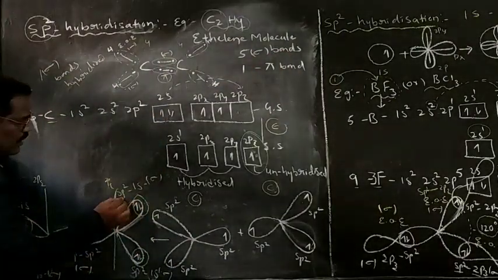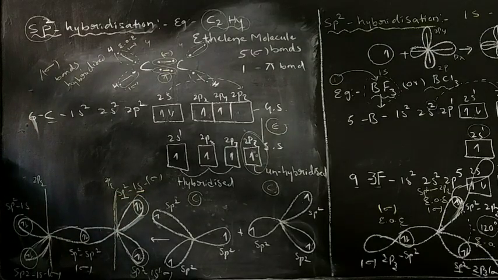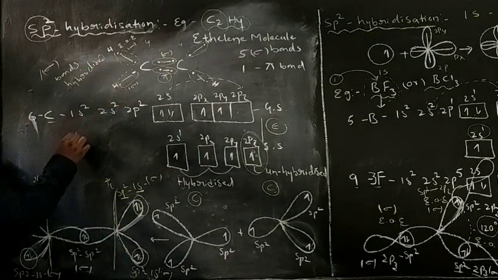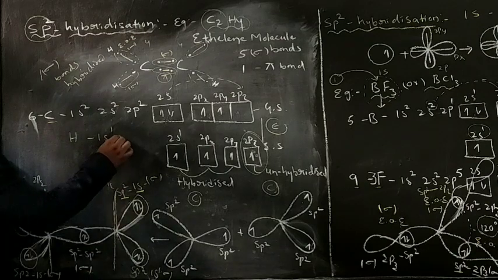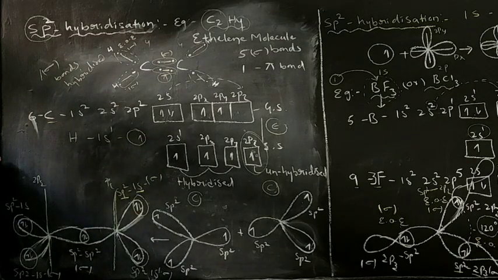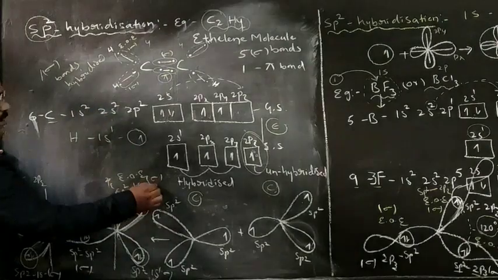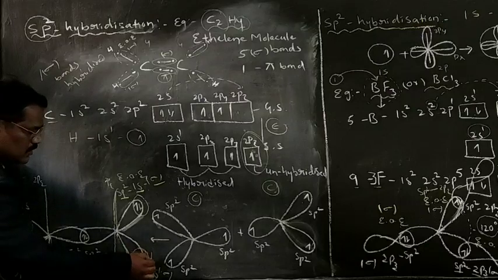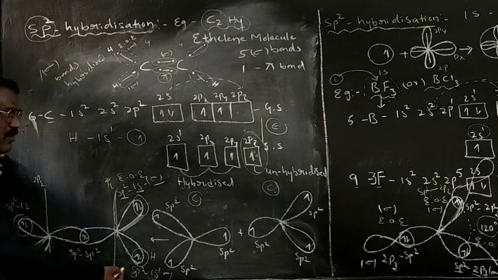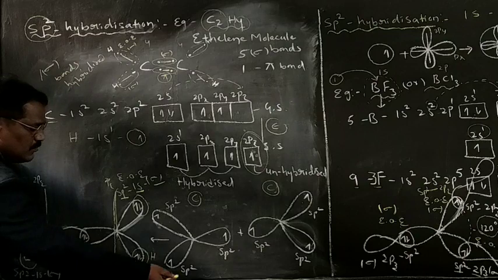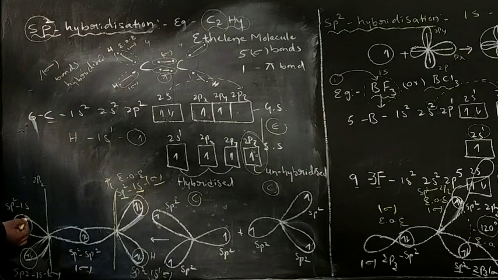Here one sp2 hybrid orbital overlaps with one hydrogen, whose electronic configuration is 1s1, a spherical electron. By end-on-end overlapping, a sigma bond forms. Similarly, here also an sp2 hybrid orbital overlaps with the 1s1 orbital of hydrogen and forms a sigma bond, and the same with the other hydrogens.